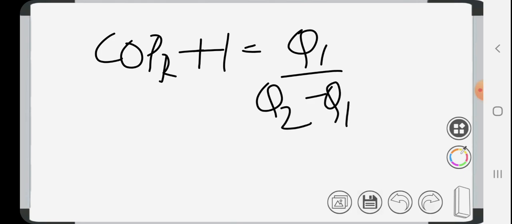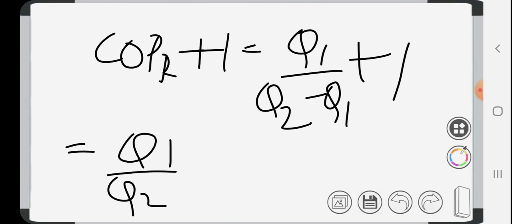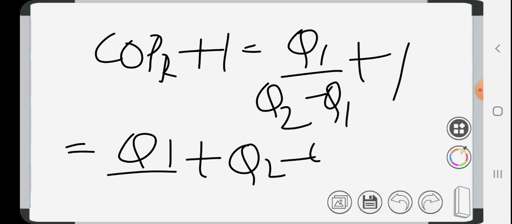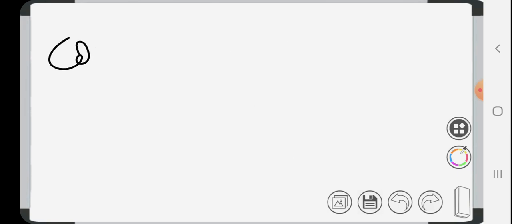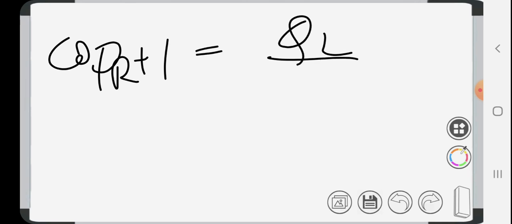Q2 minus Q1 plus 1. Q1 by Q2 minus Q1 plus 1 equals Q1 by Q2 minus Q1 plus Q2 minus Q1 by Q2 minus Q1, right? So this Q1 cancels, you get COP of refrigerator plus 1 equals Q2 by Q2 minus Q1, right?